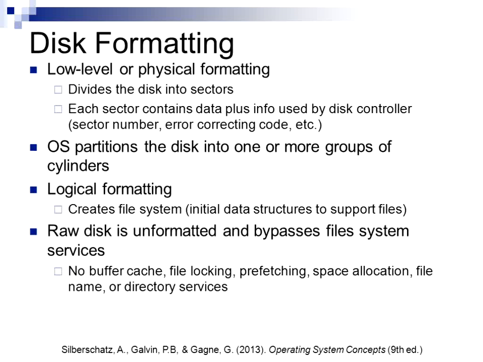A few other topics I'm just going to go through quickly. Understand how disks are formatted. There's a physical formatting that happens on your disk. This is when your disk gets divided into sectors, and each sector contains data plus other information used by the disk controller, the sector numbers, the error correction, and so forth. That's usually done at the factory.